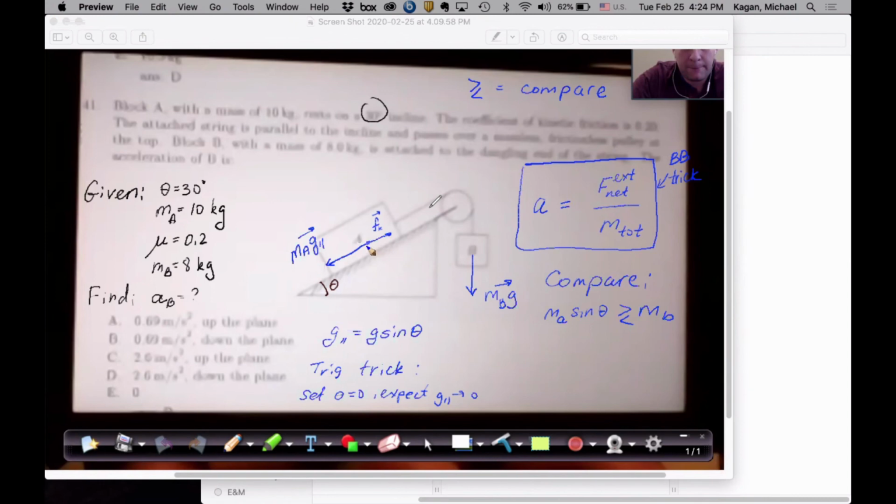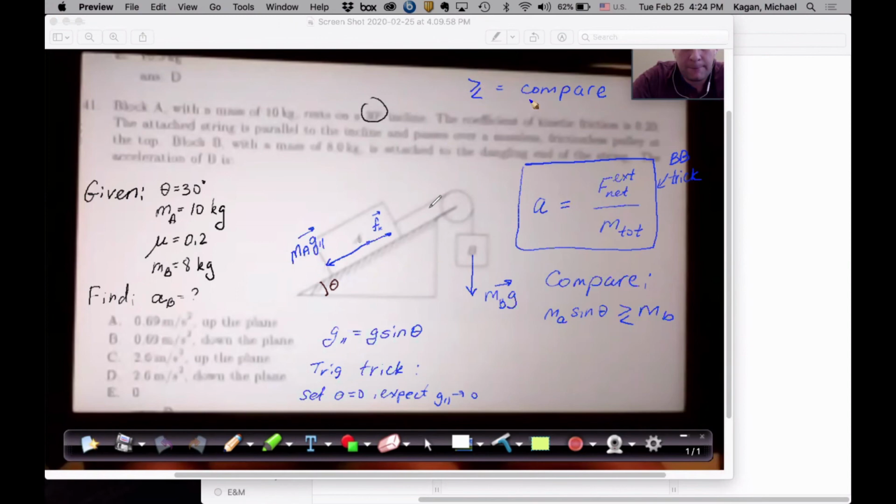Well, not exactly. What this mg parallel represents is the net force of normal and gravity. Does that make sense? Okay. So these three are the external forces. All the tensions are internal, so I'm not drawing them. They don't contribute in this numerator.